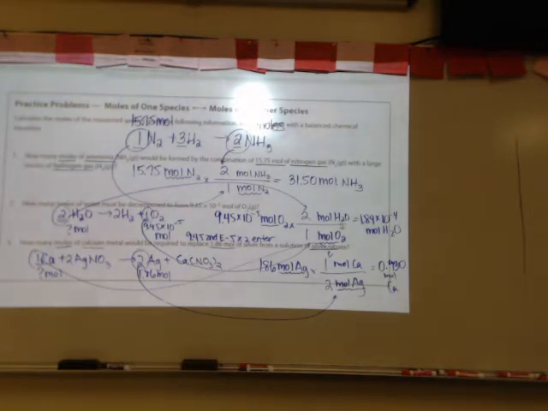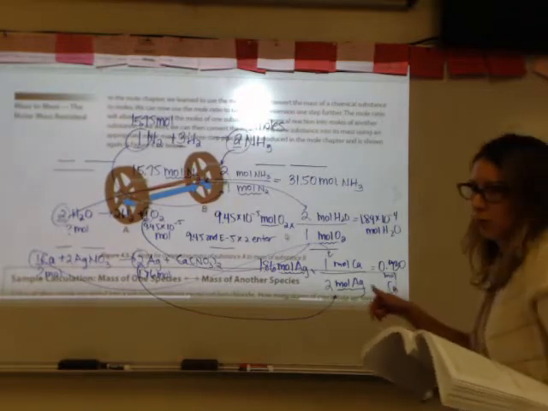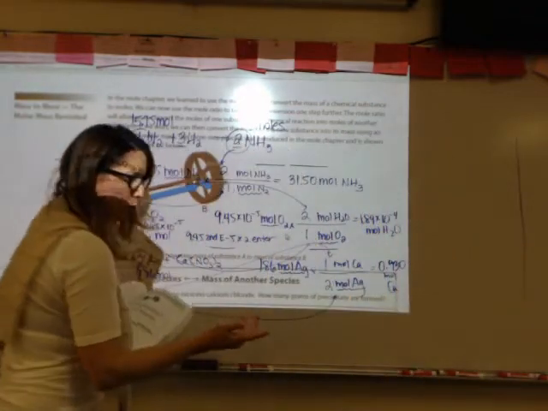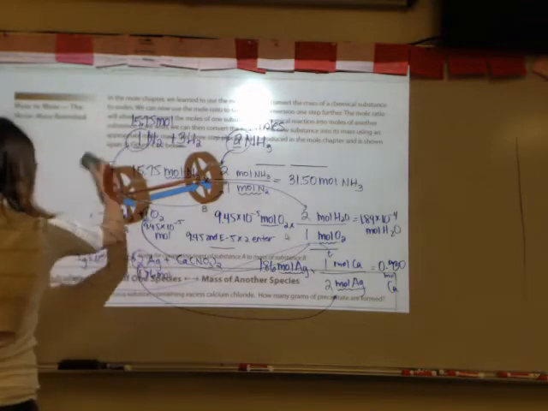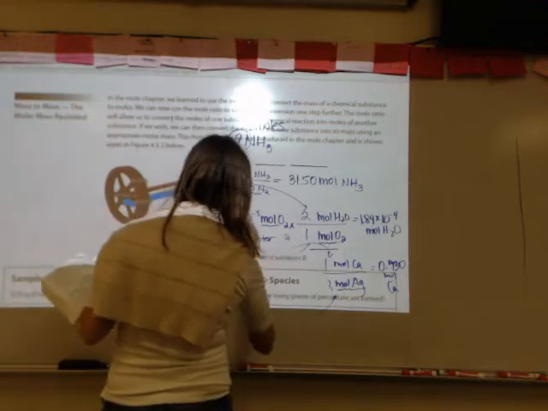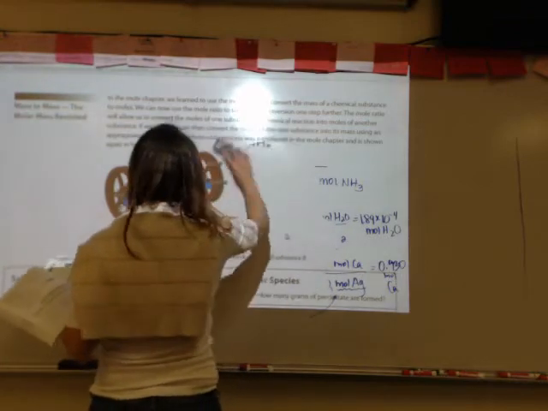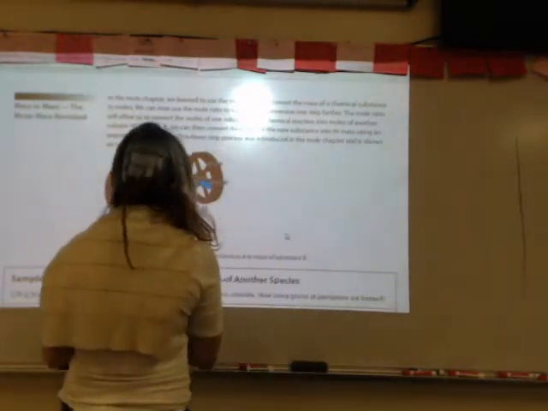Okay, now let's talk about converting. We're going to put a step on the front of this and a step on the back. You know that you can convert grams to moles and moles to grams. So that means if I'm given grams of substance A, I can convert to grams of substance B, but I have to go to moles of A first.